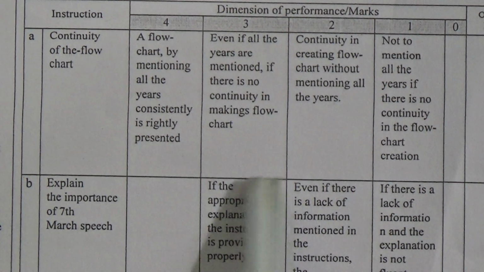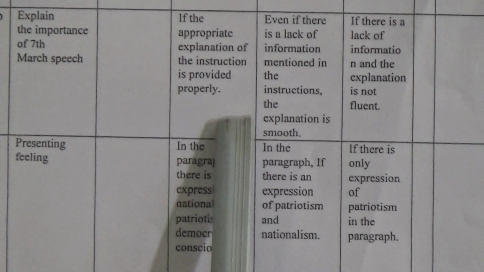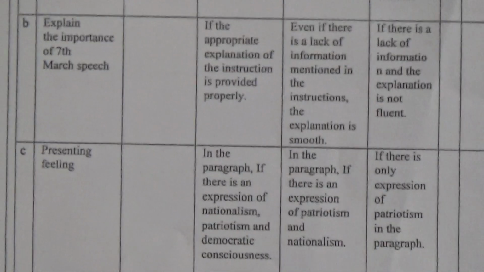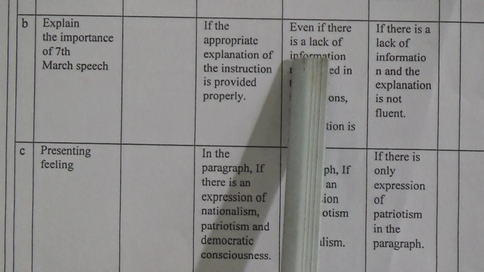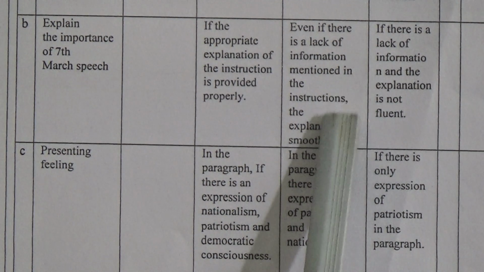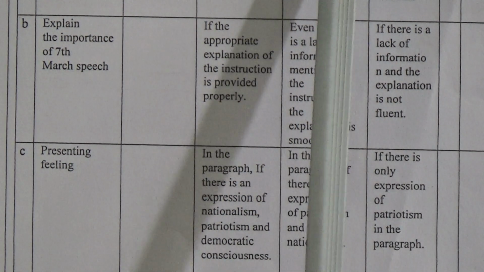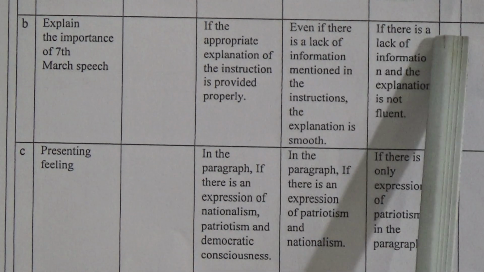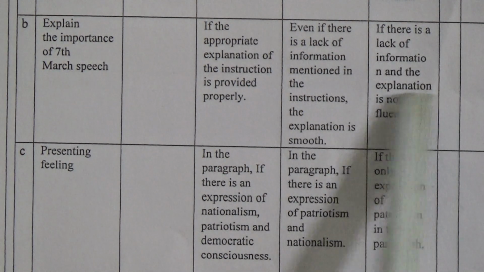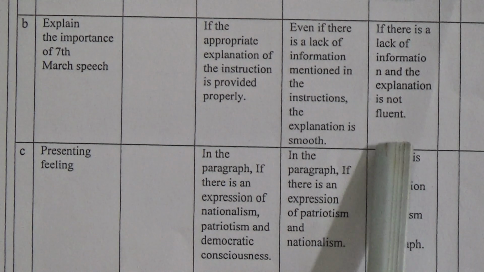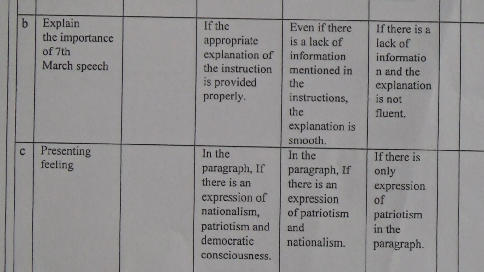If the appropriate explanation of the instruction is provided properly, you will get 3. Even if there is a lack of information mentioned in the instructions, if the explanation is smooth, then you will get 2. And if there is a lack of information and the explanation is not fluent, then you will get 1.